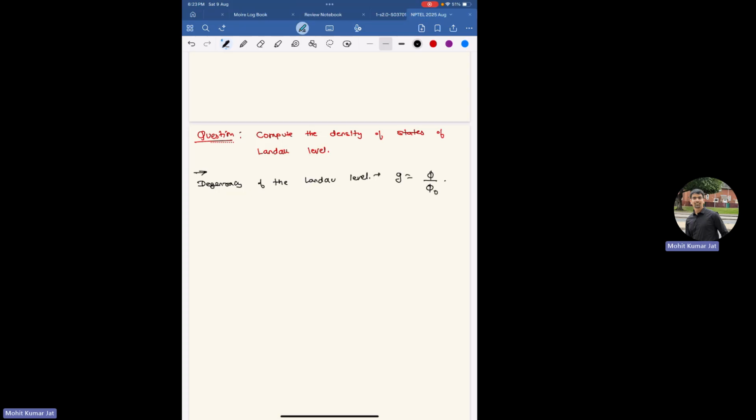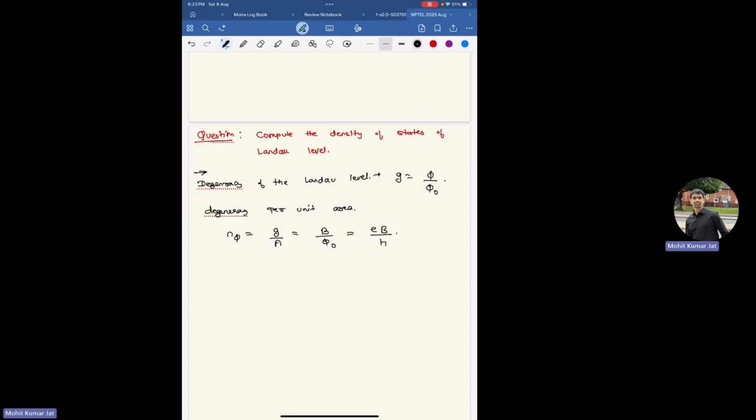So if I ask you the degeneracy per unit area, let's define it by n phi, that will be G by A, and that will be equal to B by phi naught, right? And phi naught I can write as h by e.